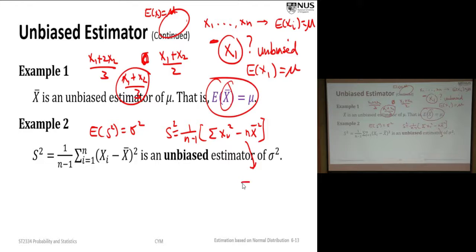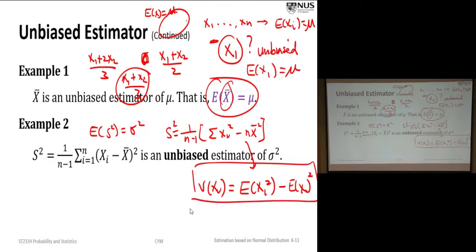And on top, expectation of xi squared minus the square of the expectation is equal to the variance. This is a useful formula to show that it is unbiased. We need to compute this one. Do we know this one? Yes, this is sigma squared. Do we know this one? Yes, it is mu squared. So the expectation of xi squared is equal to mu squared plus sigma squared. So we can show that the expectation of this quantity is equal to sigma squared.